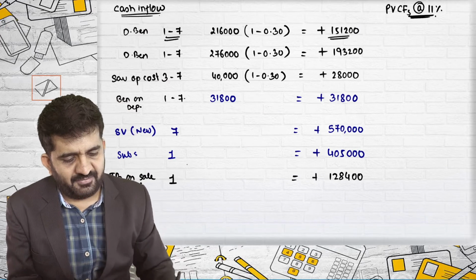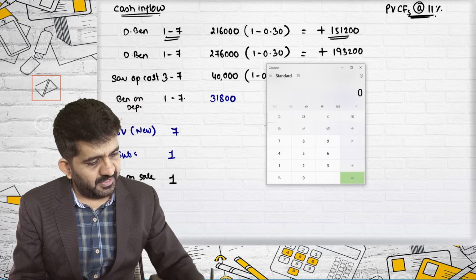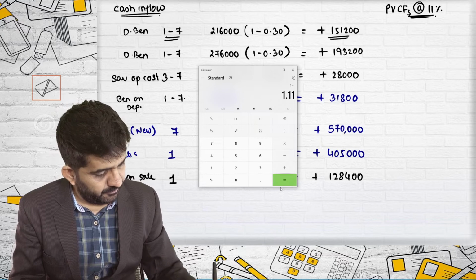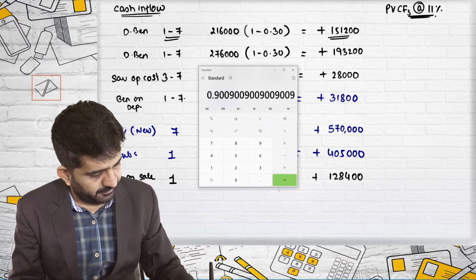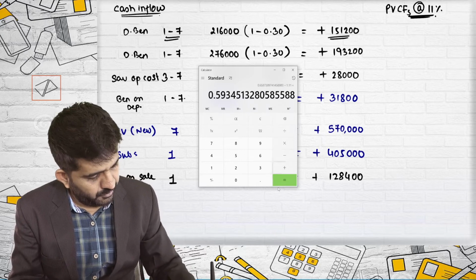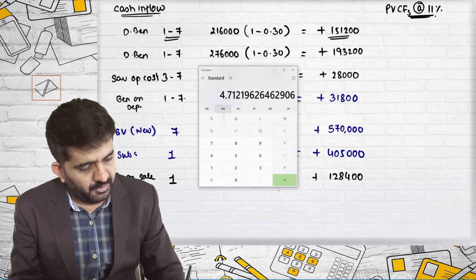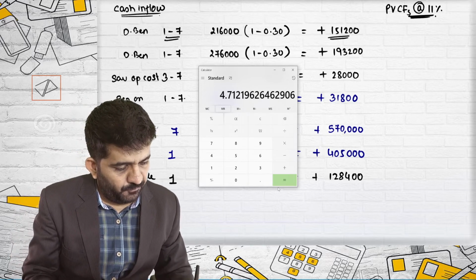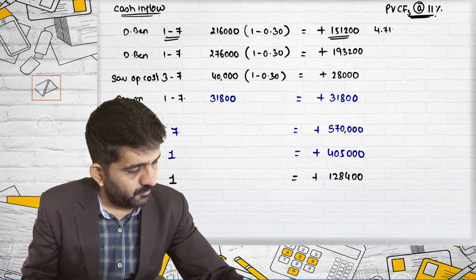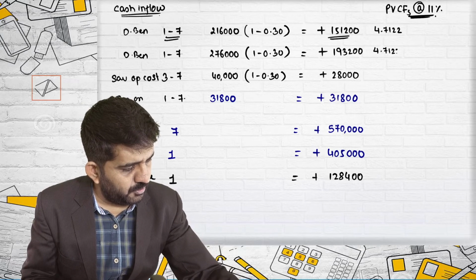So for 1 to 7 years, I will find the factor at 11%: 1 divided by 1.11, added 7 times. This is the factor for 7 years: 4.7122. So I can use it over here also, 4.7122.